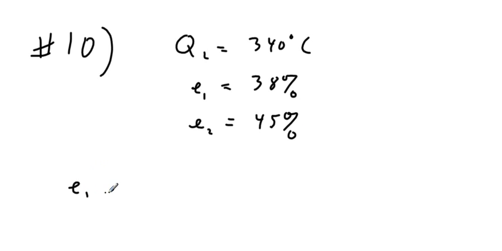So E1 is equal to 1 minus temperature low divided by temperature hot.